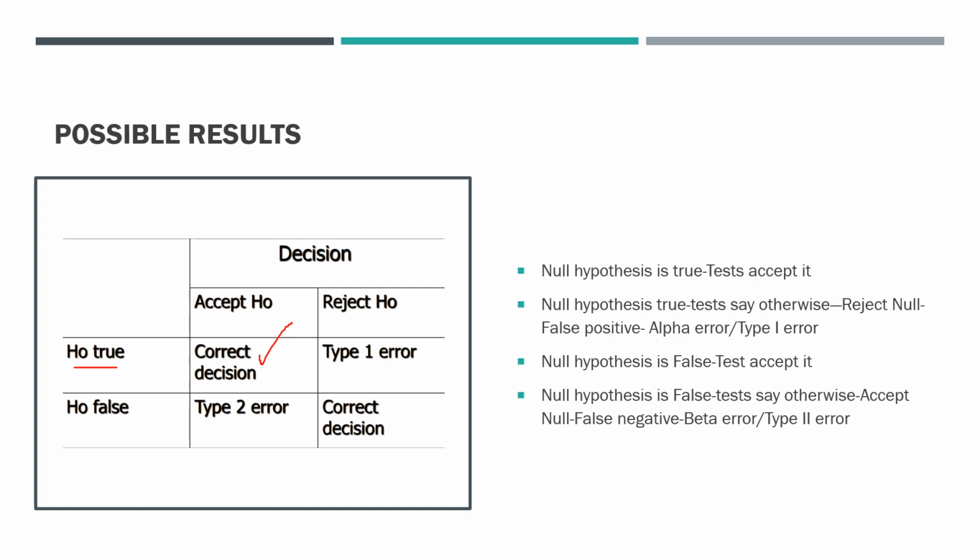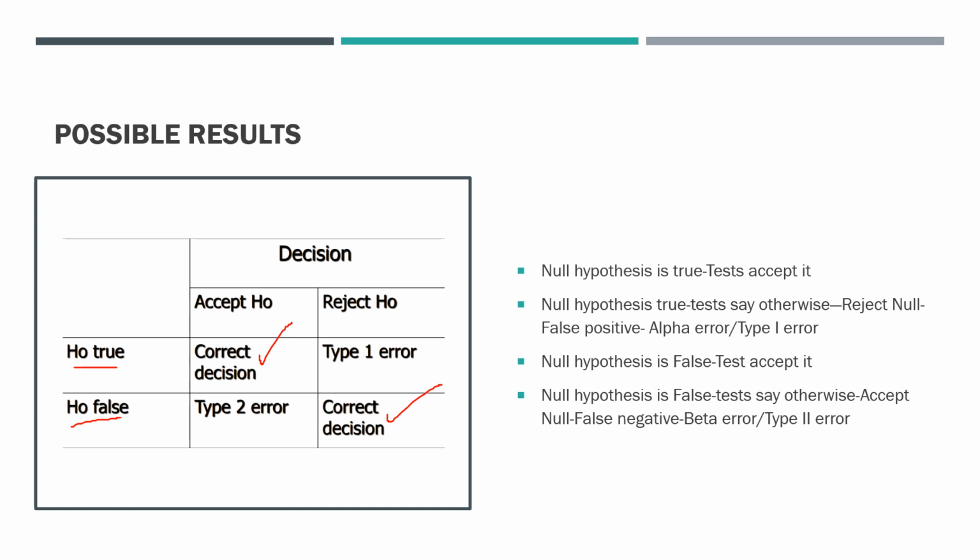Next, the other scenario is where your alternate hypothesis is true, or where the new drug is actually better than the older drug. If your test is also going to prove that the new drug is better, then that is the correct decision. You are not going to worry about it. But say it is saying there is no difference between both insulins, old insulin and new insulin, both are remaining same in terms of whatever characteristic you are trying to define.